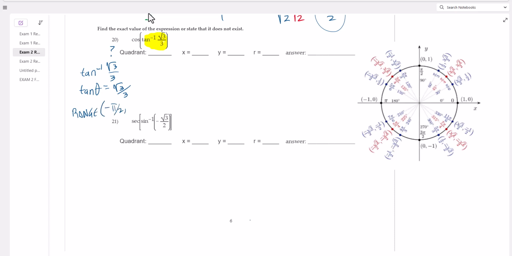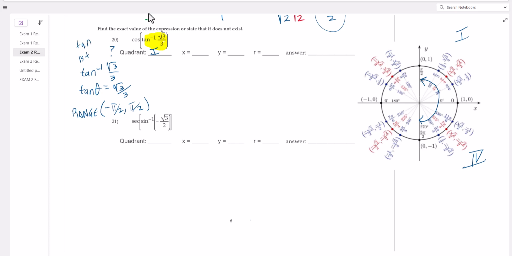Okay, so that means the answers are going to range from quadrant 4 with a negative angle through quadrant 1, like that. So we know we're in quadrant 1. The reason we know that is because this is a positive number. Okay, so the tangent is positive in quadrant 1.